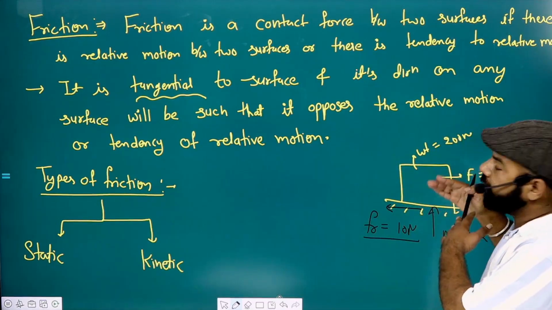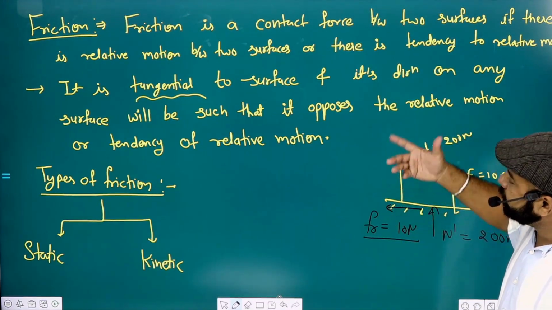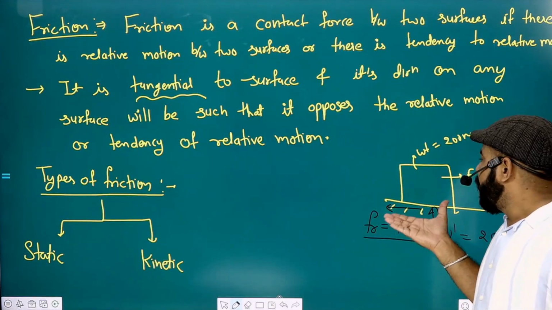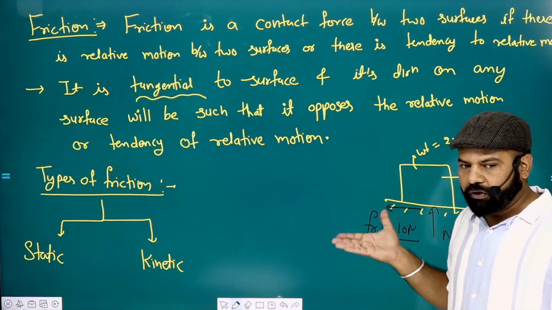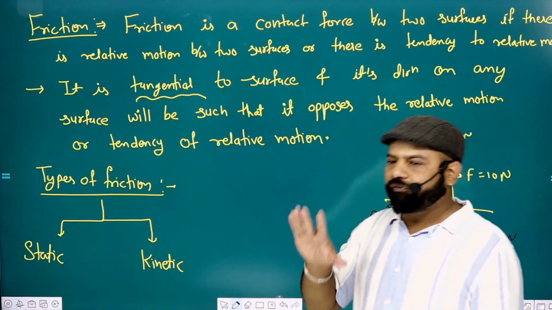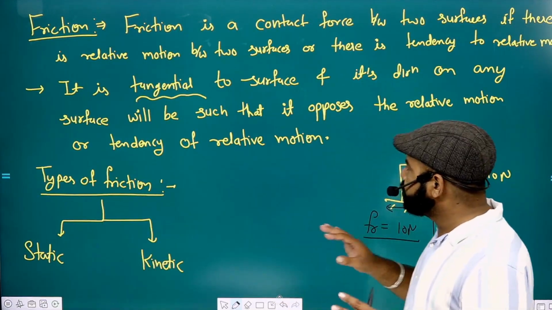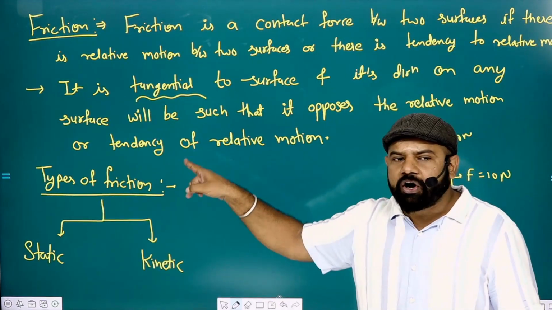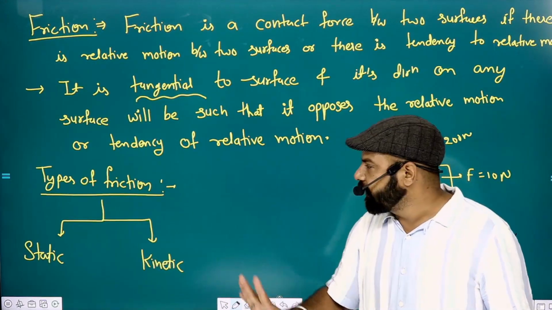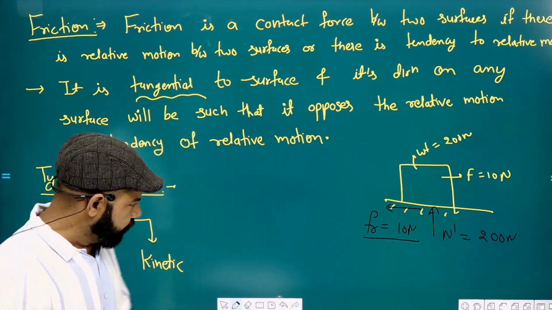See, we can make a free body diagram and we can show this friction force on both surfaces, that is, the bottom surface of this block and this horizontal floor also. So on any surface, its direction will be such that it opposes the relative motion or tendency of relative motion, right? So accordingly we can decide the direction of that friction force.